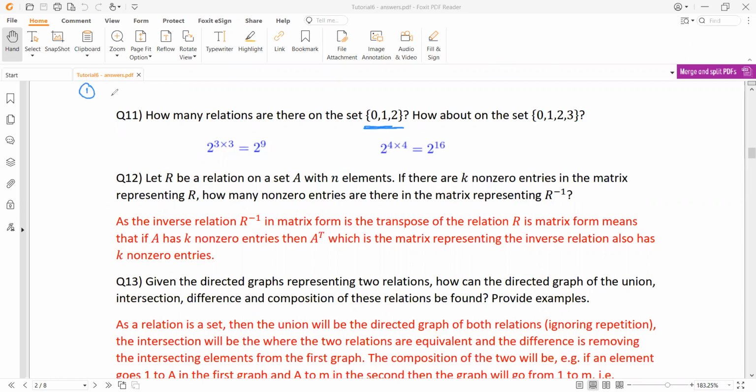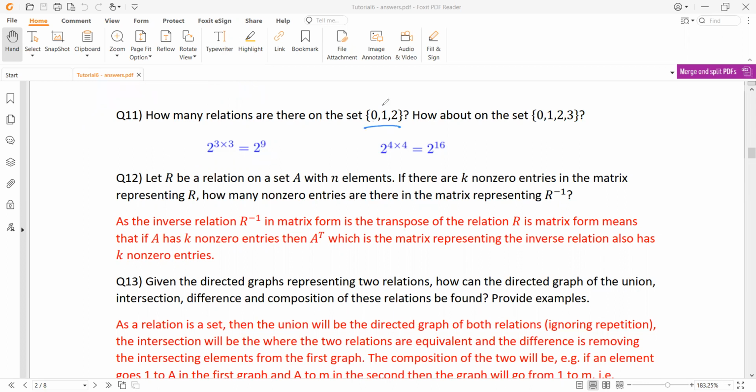First of all, find the Cartesian product between A and B, or A with itself if it's a relation on a set like this. And after that, find the power set of the result. So this gives you all the possible relations.